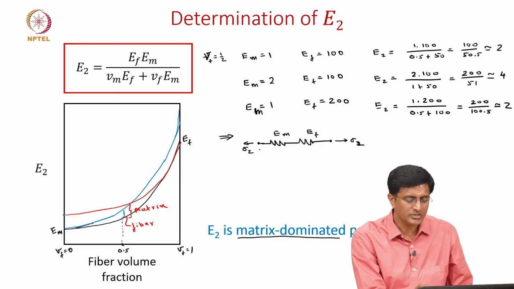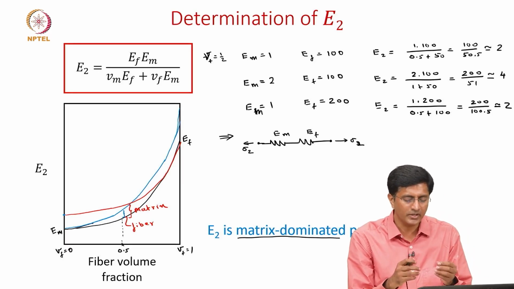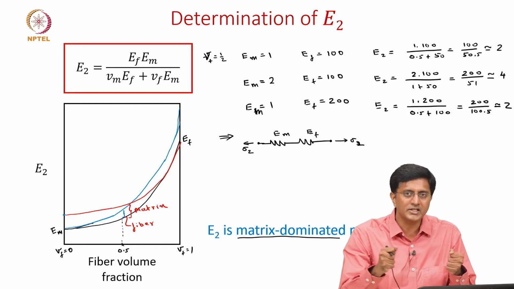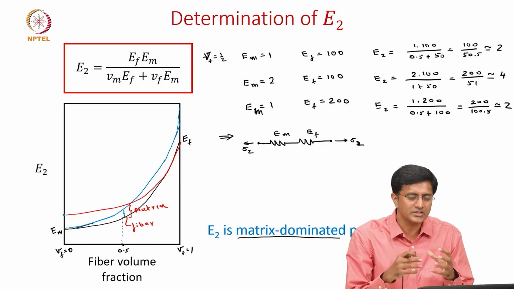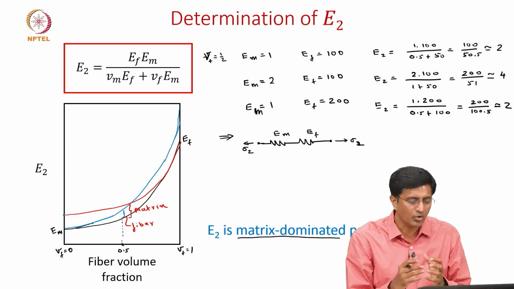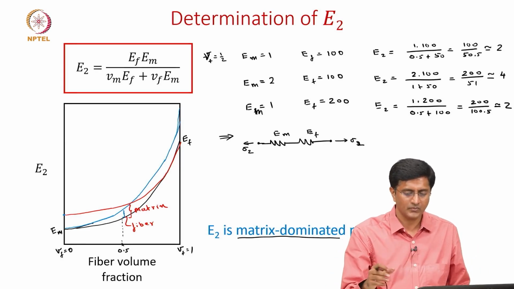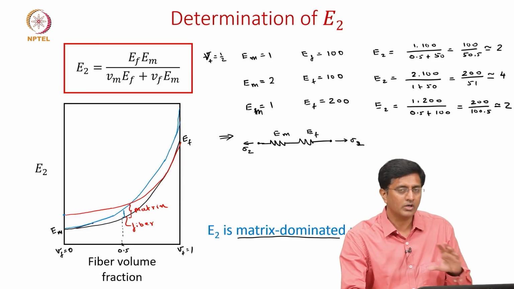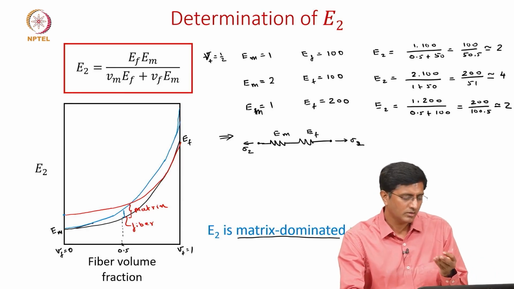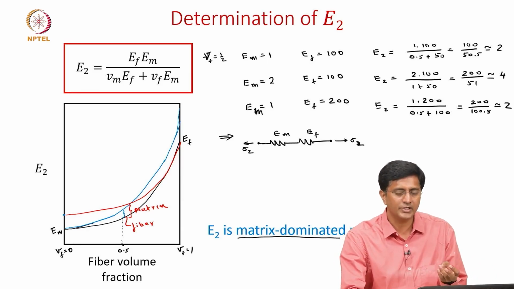Since the matrix is very compliant, when we apply a load, the matrix takes most of the stretch. That is the reason why it is more matrix dominant. So we have until now looked at predicting E1 values and E2 values.